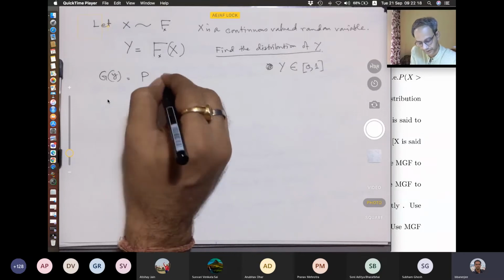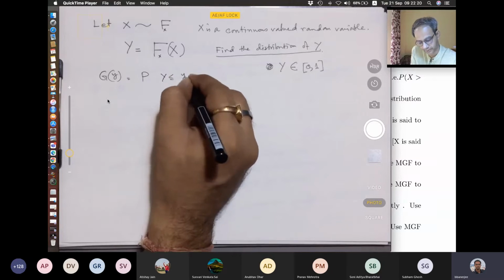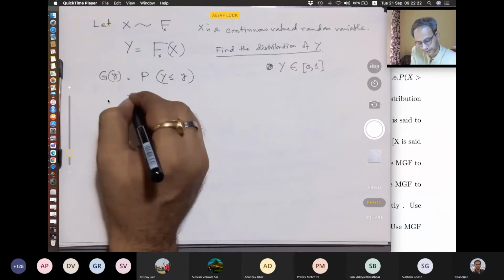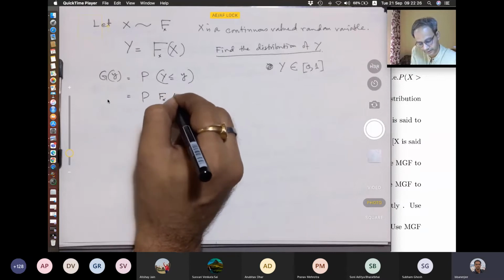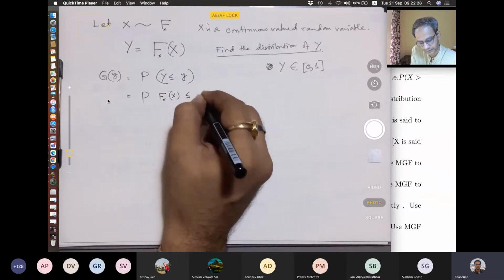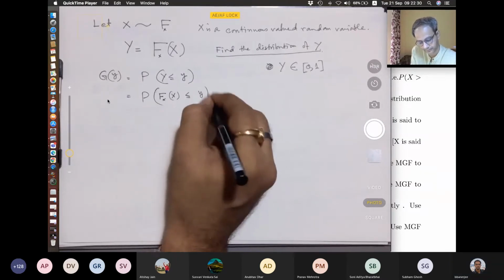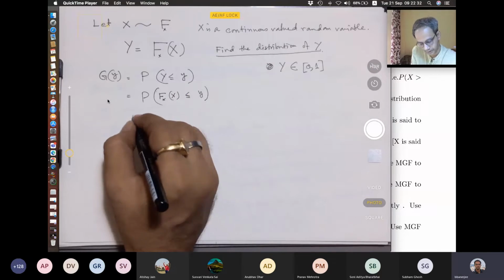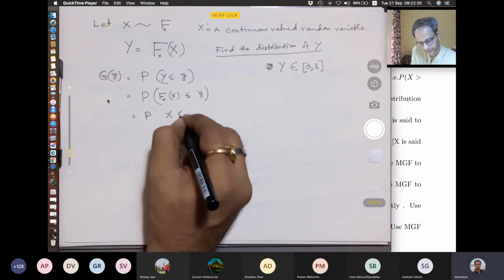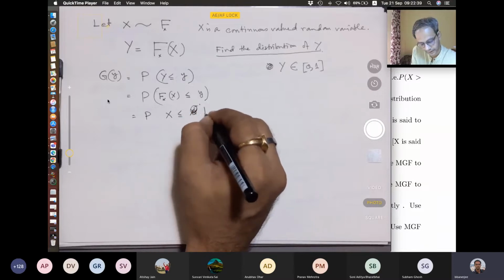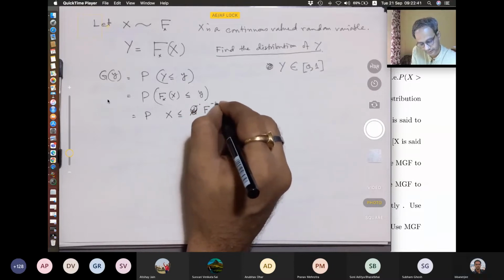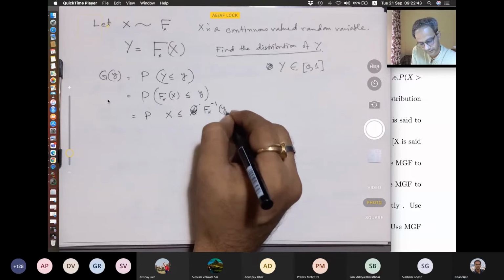So this is probability Y less than or equal to small y, which is probability F_X of X less than or equal to small y, which is probability X less than or equal to F_X inverse of small y.